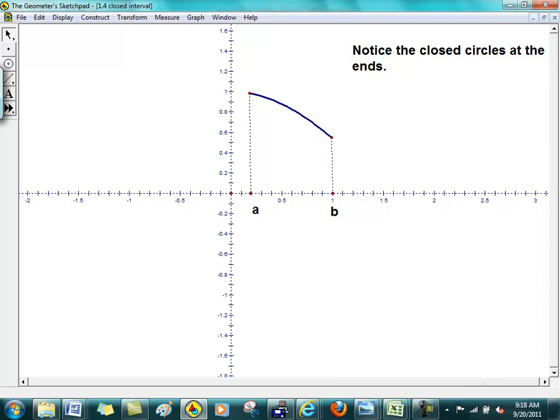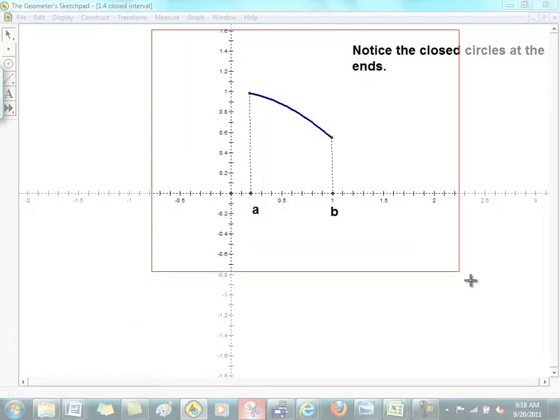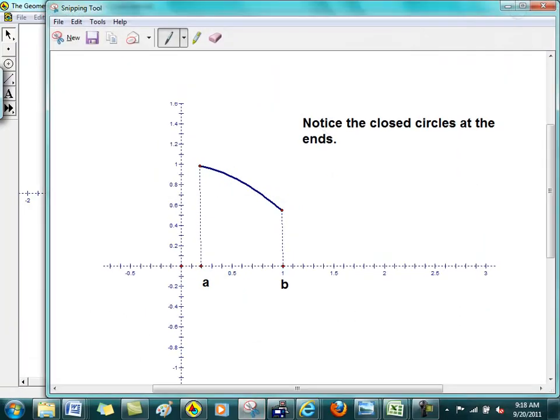Okay, so here's a function. And I'm saying it's a function over the closed interval a comma b. Why do I say brackets and not parentheses? Leila? Like how can you tell by looking at this picture?